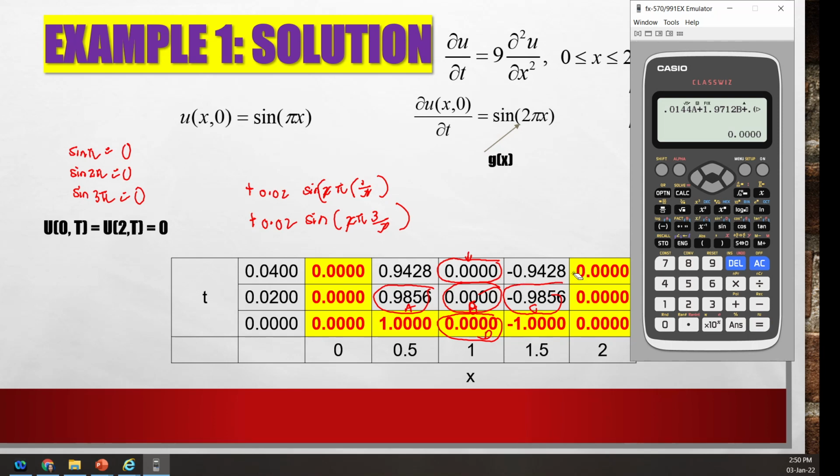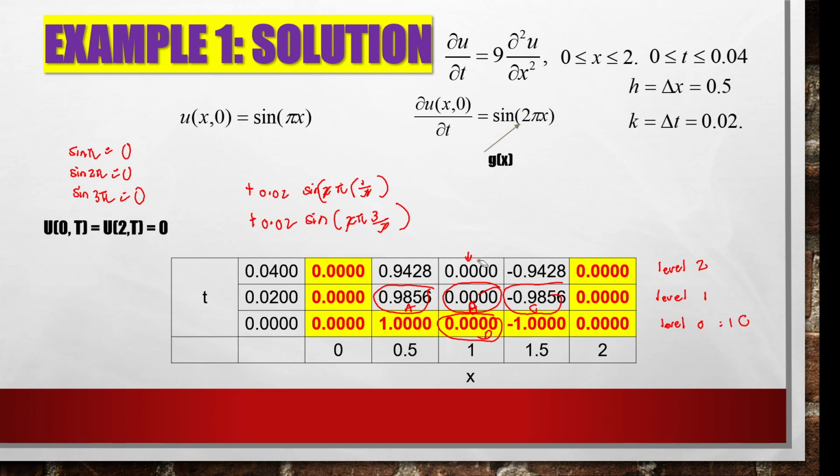To calculate the last value in your level 2, move the molecule one column to the right. Then this one no more, this one no more, here no more. Now to calculate this value, here this is A, this is B, C at the right boundary, D is negative 1.